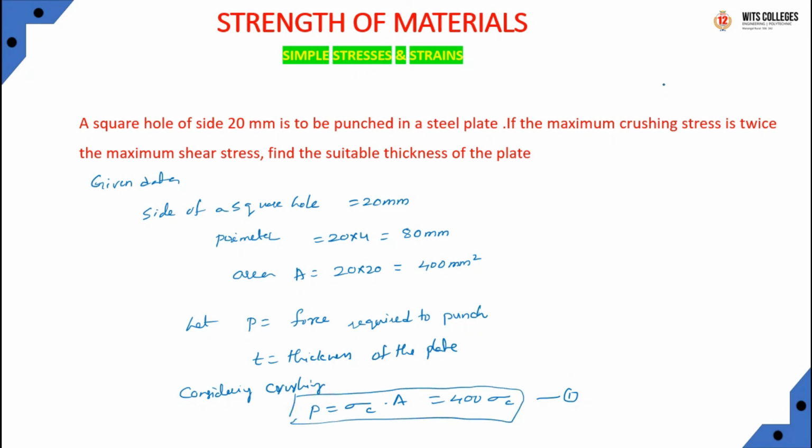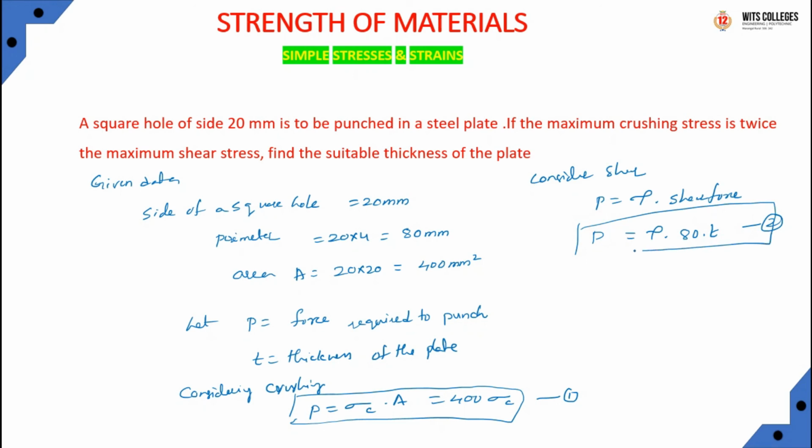Next, consider shear. So that is P equals tau into shear area, that is P equals tau into 80 T. Okay, so this is equation 2.